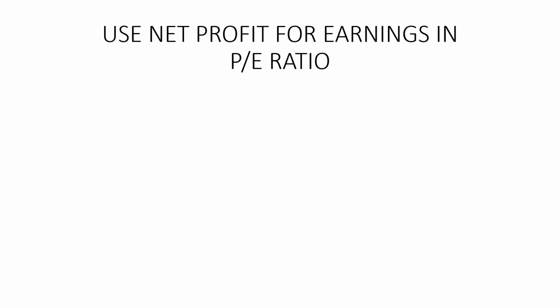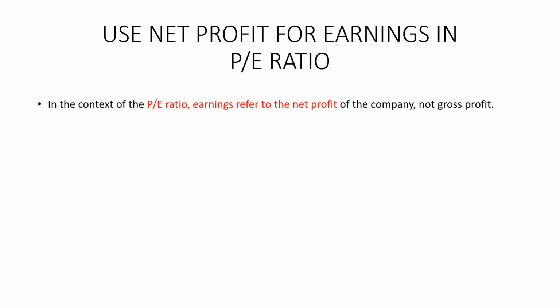Now, always remember, whenever we are talking about PE ratio, we need to use only net profit. Because in the context of PE ratio, earnings always refers to the net profit of the company, not the gross profit. We've already seen what is net profit and gross profit in our previous parts. Kindly watch the first part, second part, and then come to this one, otherwise you will not understand what we are talking about. Now, why use net profit for earnings in the PE ratio?